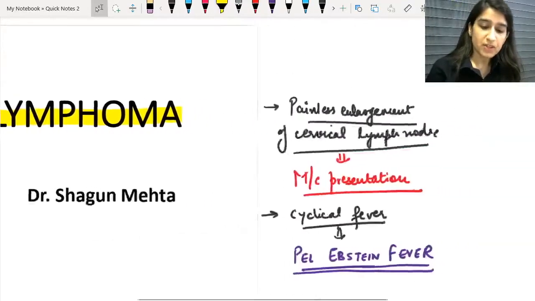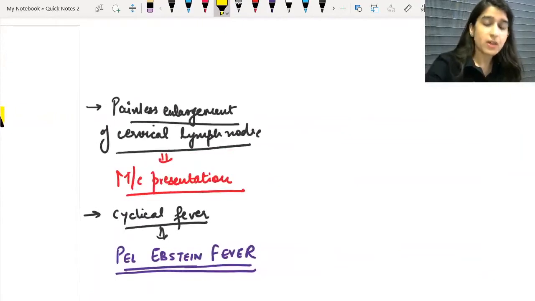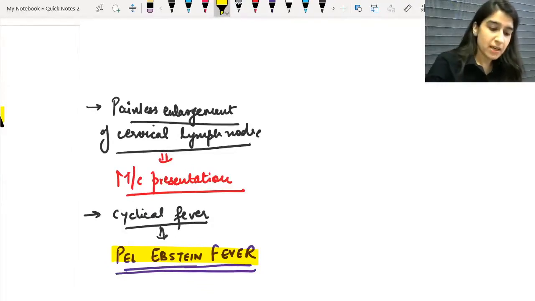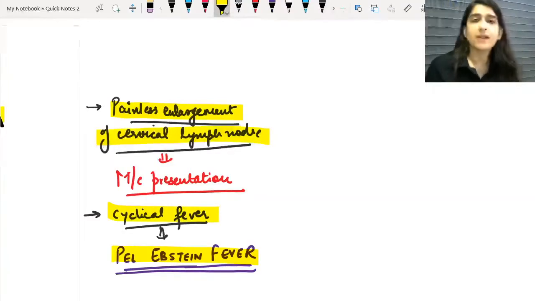In Hodgkin's lymphoma this is termed Pel-Ebstein fever. So this gives us a clinical picture of Hodgkin's lymphoma: painless enlargement of the cervical lymph node and cyclical episodes of fever called Epstein fever.